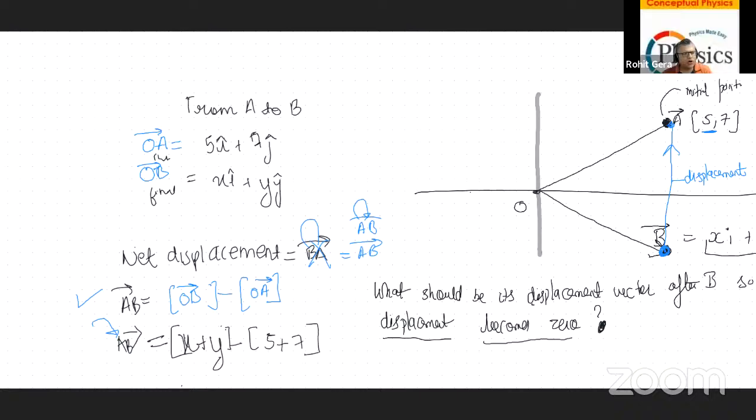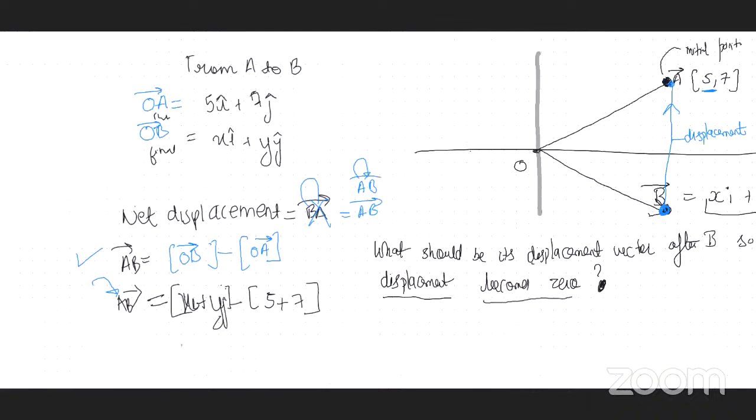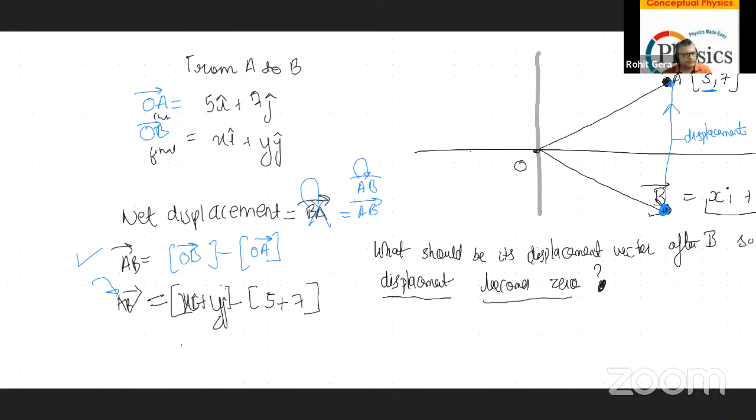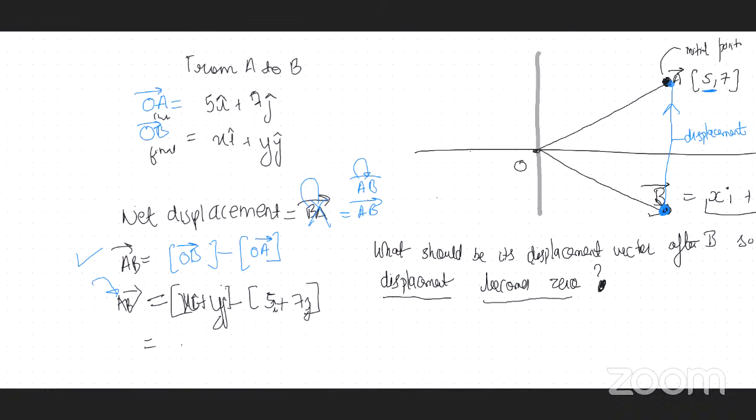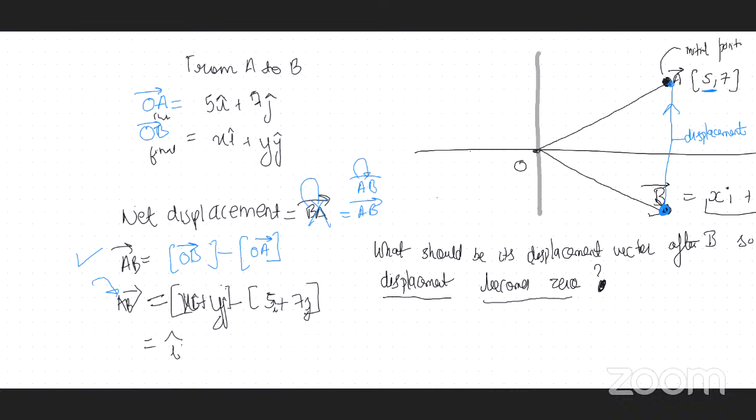You do, for a vector always. Collect all the i's. Take i common.